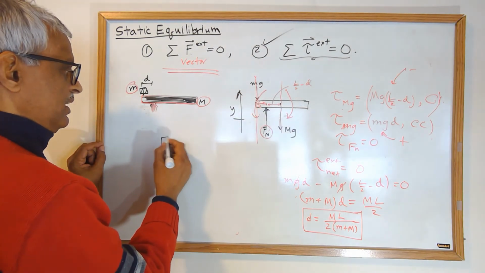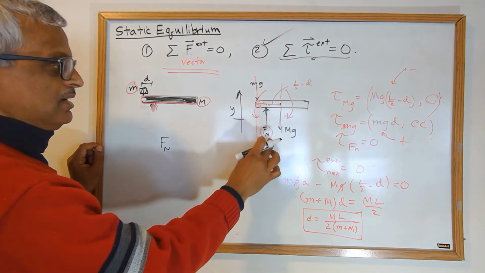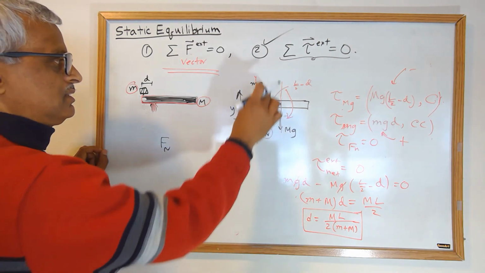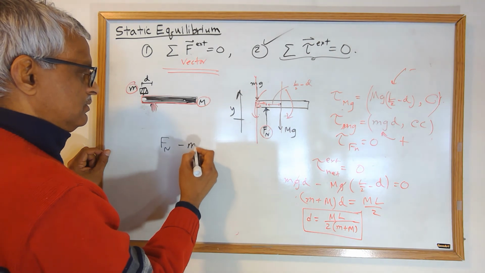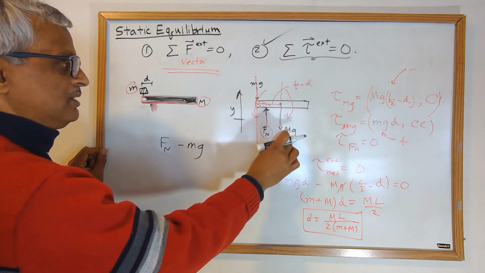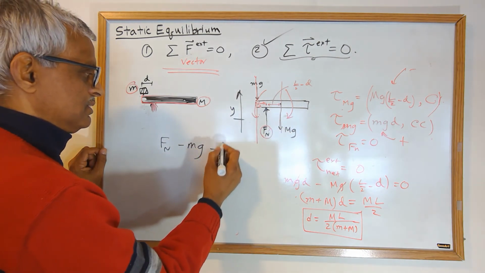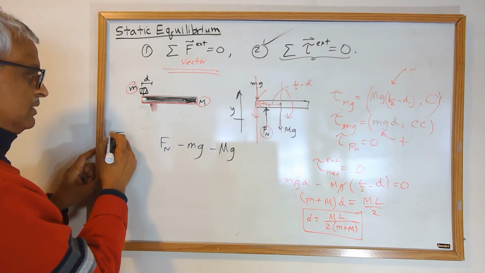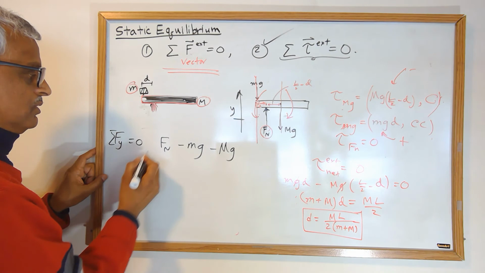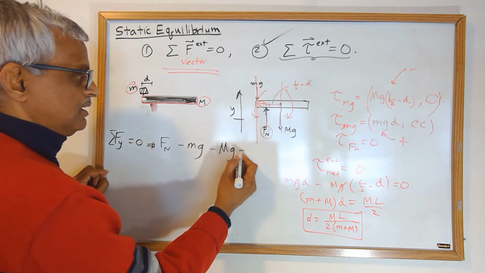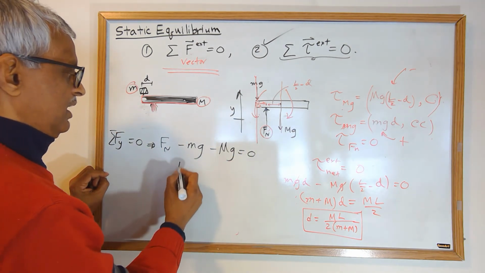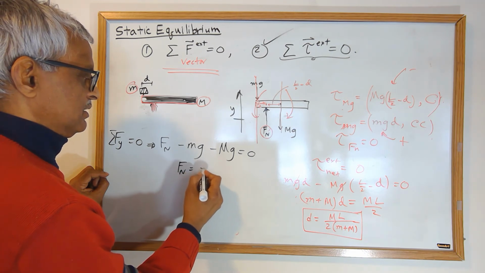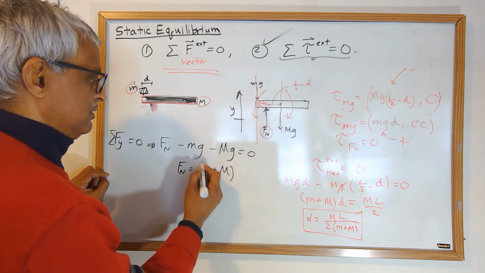I get Fn as a y component, little mg as a y component, and big Mg as a y component. So Fy equal to 0 gives me this equal to 0, and so Fn is simply (little m plus big M) times g.